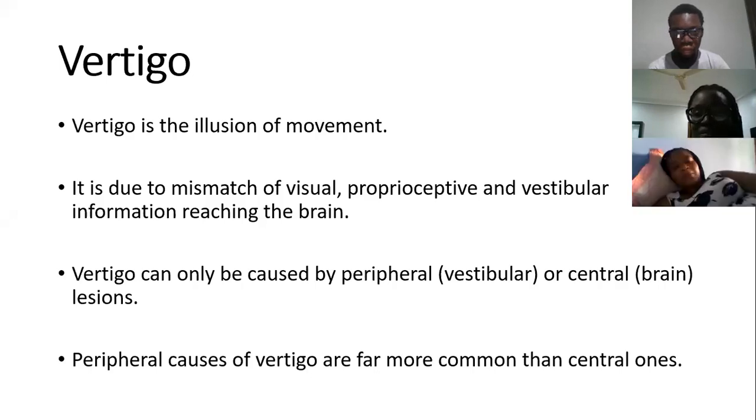Madam, please, what is the correlation between alcoholism and vertigo? If someone is a chronic alcoholic. Yeah, so I was saying that vertigo has central and peripheral causes. The peripheral causes means that it is coming from the ear, and the central causes means that it's coming from the central nervous system.